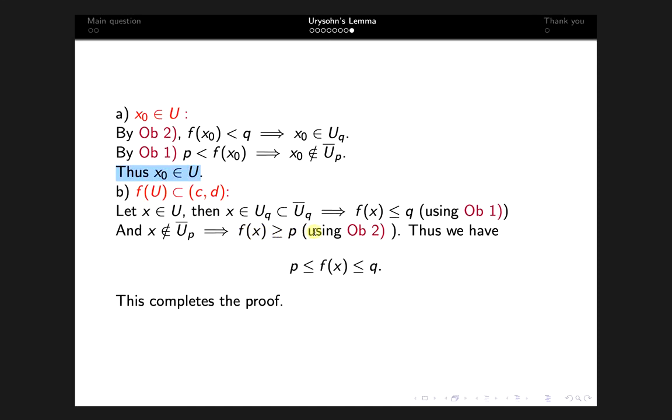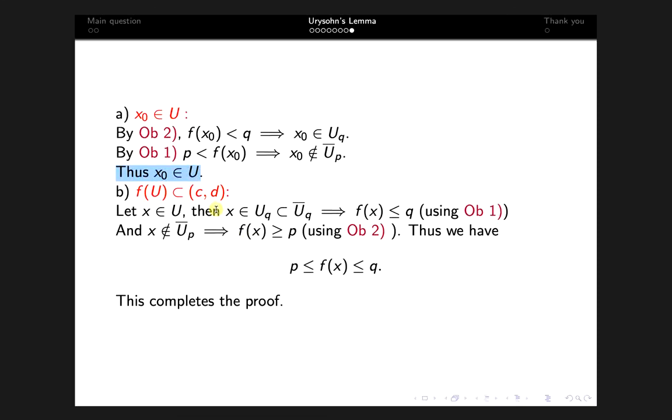So merging these two inequalities, we have f of x less than or equal to Q and f of x greater than or equal to P. Therefore f of x belongs to the closed interval [P, Q], and the closed interval [P, Q] is contained in (C, D).